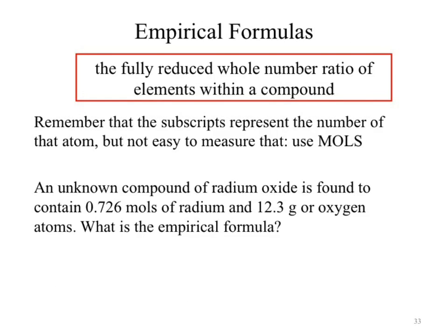So, an unknown compound of radium oxide is found to contain 0.726 moles of radium and 12.3 grams of oxygen atoms. What is the empirical formula? Okay? So, first off, empirical formula, it might help if we actually started coming up with a formula for this. What is our symbol for radium? Ra.